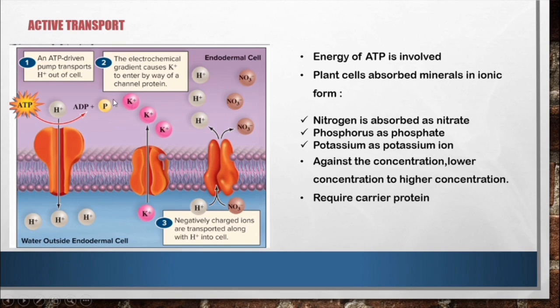Okay, so now this protein called proton pump will hydrolyze ATP to ADP and phosphate to transport these hydrogen ions out of the cell.